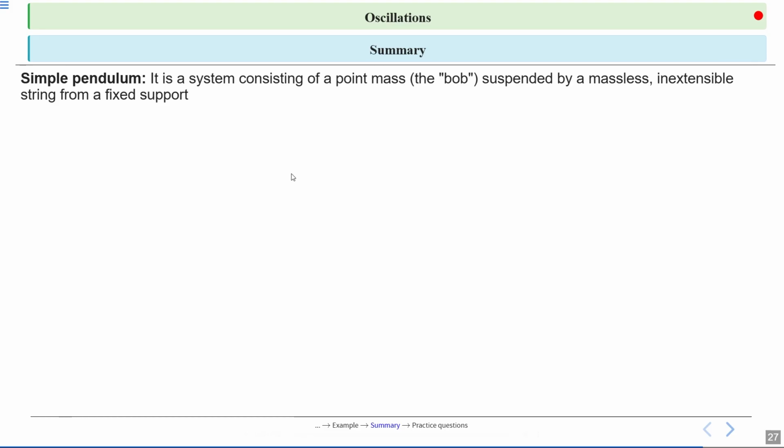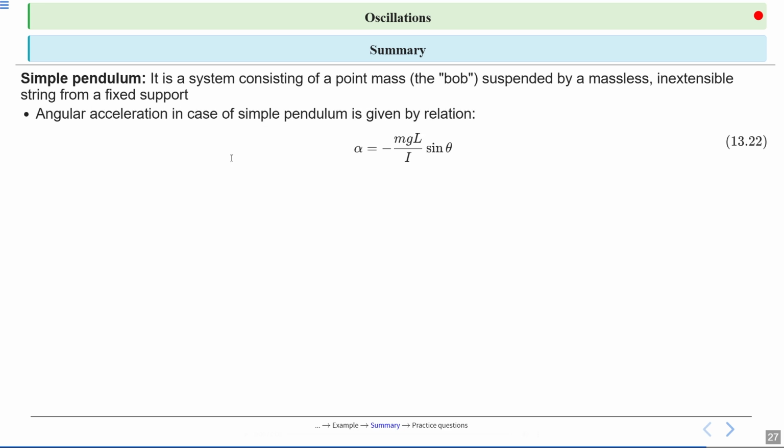Summary. Simple pendulum: it is a system consisting of a point mass suspended by a massless inextensible string from a fixed support. Angular acceleration in case of a simple pendulum is given by the relation alpha equal to minus mgl sin theta divided by I. For small angles, sin theta is approximately equal to theta.